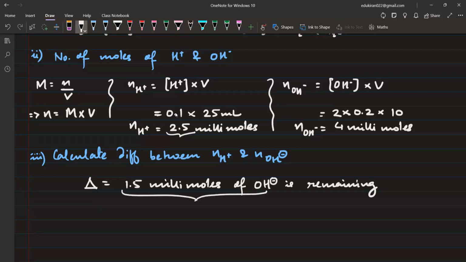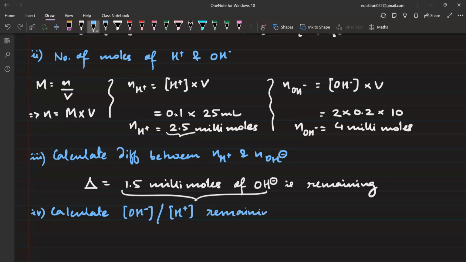So now we have the amount of OH negative in the solution, that is the number of moles. The fourth step is to calculate the concentration of OH negative or H positive, whichever is remaining in solution, and from there you can calculate the pH.